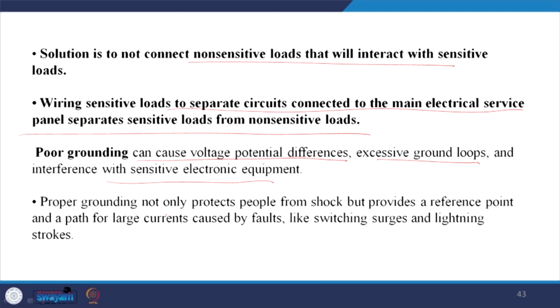I have noticed in a hall, because of the poor grounding, the acoustics is poor. So, proper grounding not only protects people from shock, but provides a reference point and a path for the large current caused by a fault, like switching surges and electric lightning strokes, etc.